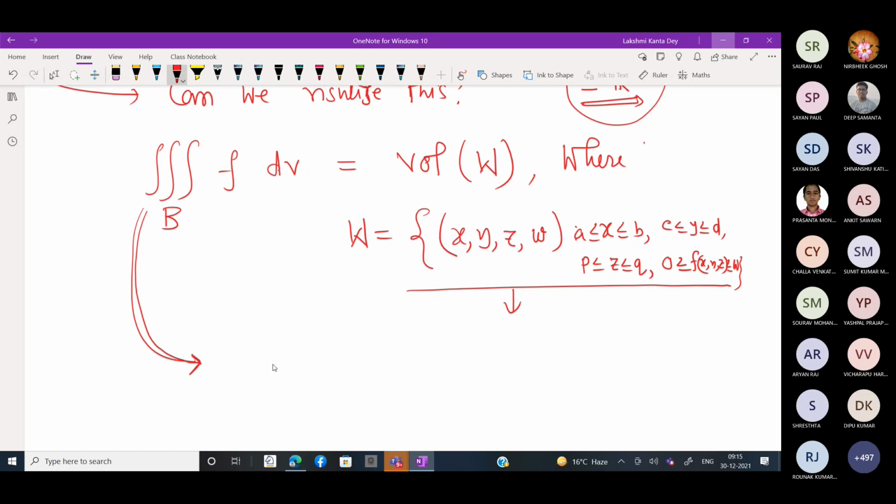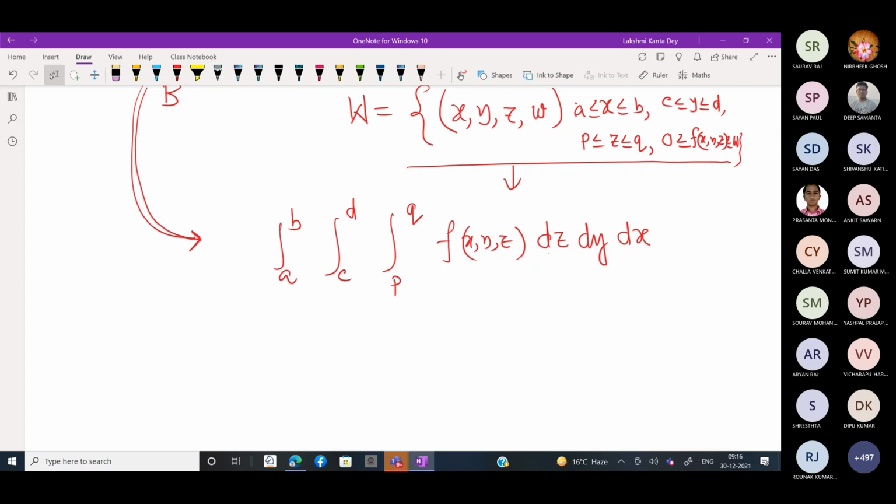One of the iterated integrals is a to b, c to d, p to q, f of x y z, first dz, because z is running from p to q, then dy, y is running from c to d, then dx.